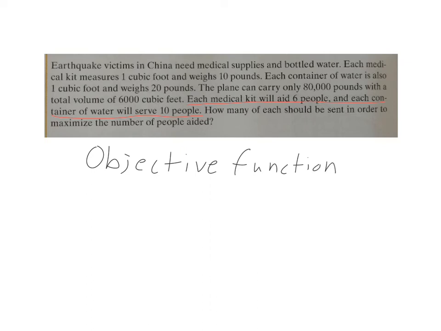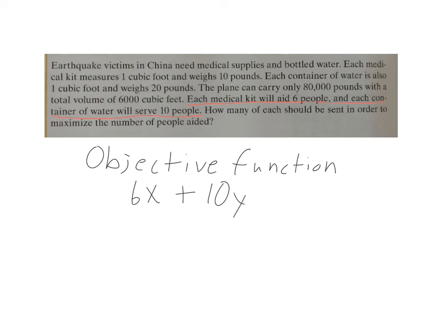Basically, this is our objective. Our goal is to maximize this function given the constraints that we have. So we have X medical kits. They can serve 6 people, so 6X medical kits would be needed, and 10 people can be served by the container of water.